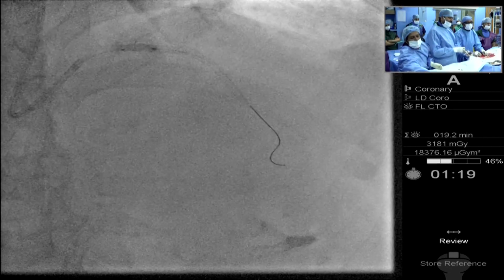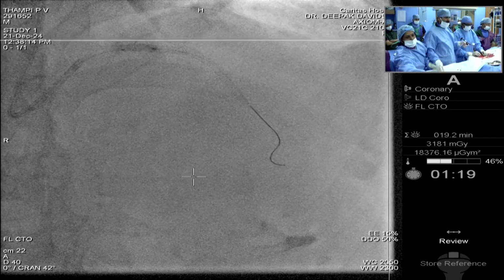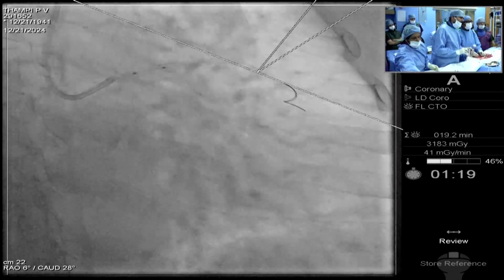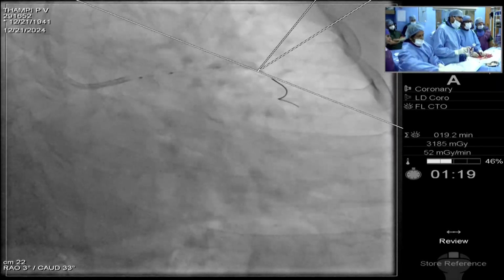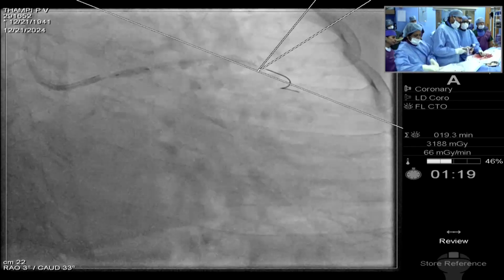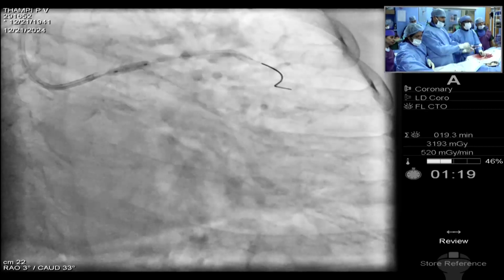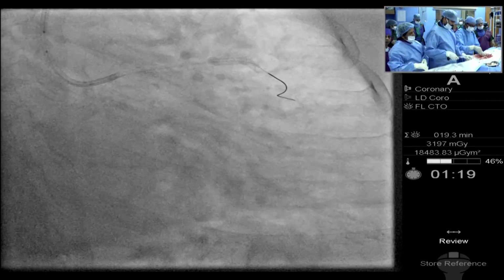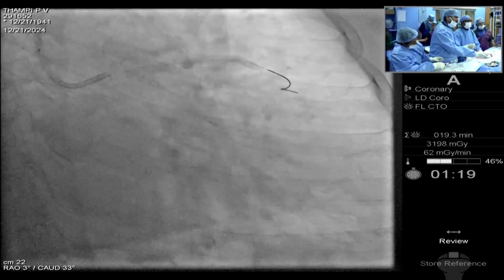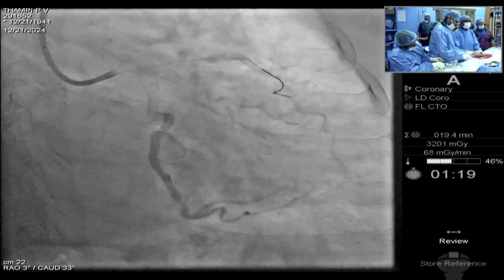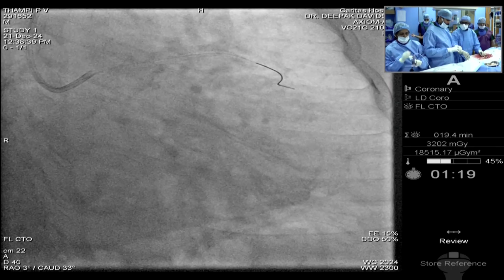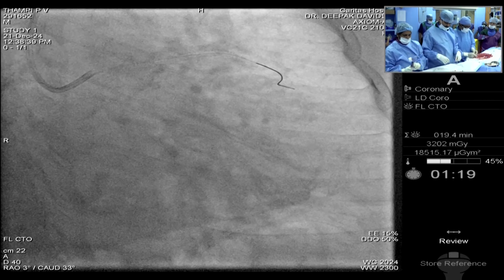Come caudal. 20. Now the 3.5 also negative. 3.5 and OCT.